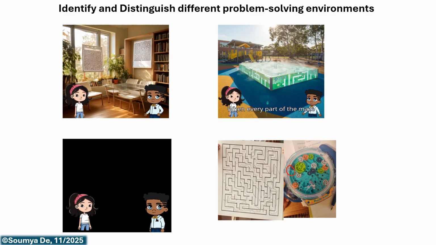When every part of the maze is clearly visible, we say it's fully observable. That's like our paper maze, where we could see every turn and pathway clearly. But sometimes, parts of the maze are hidden or hard to see. That's called a partially observable environment. Just like when the mouse or the robot encountered unexpected corners where the full path wasn't immediately clear.